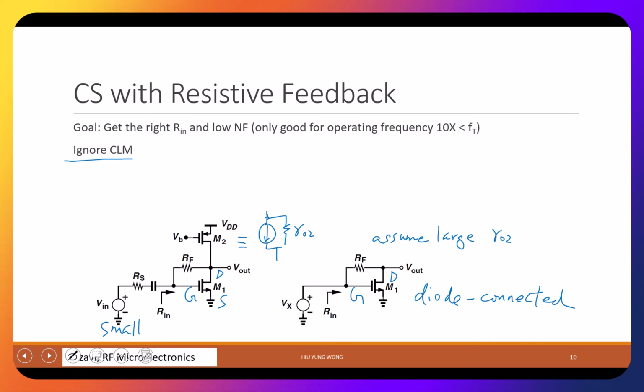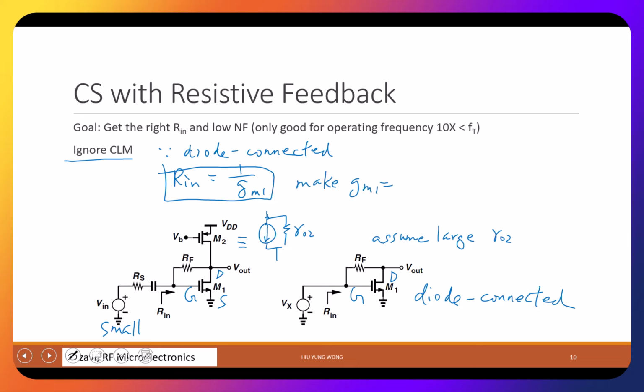So the input impedance, because it's diode connector, equals 1 over GM1. That's it. Very easy. So we just need to make GM1 equal to 0.02 Siemens. Then I will get R in equal to 50 ohm.